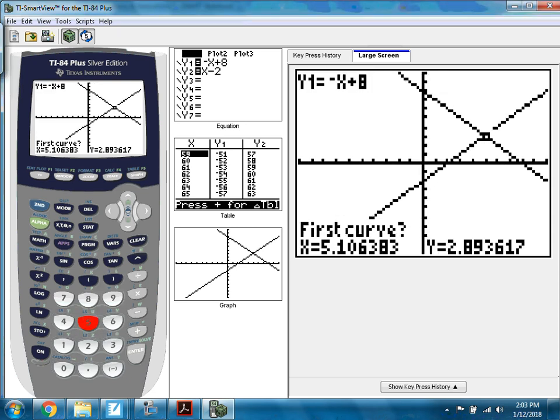Now you'll notice at the bottom there is a question. It says first curve question mark. So this is because you could put like 8 different equations in here, and they want to say, okay, you want to find an intersection, you need to tell me which 2 equations you want to find the intersection of.